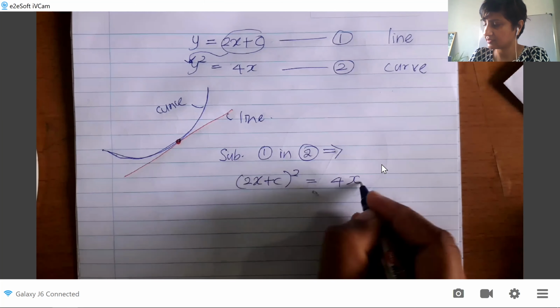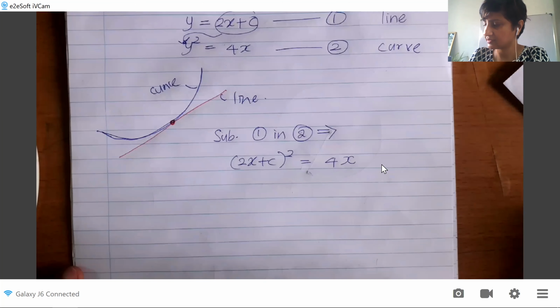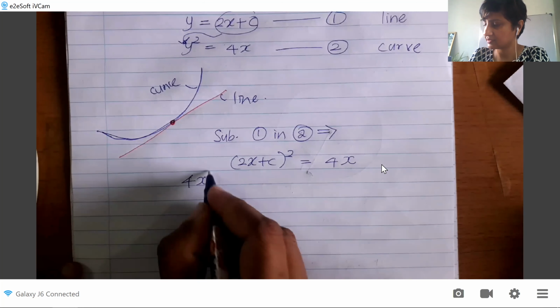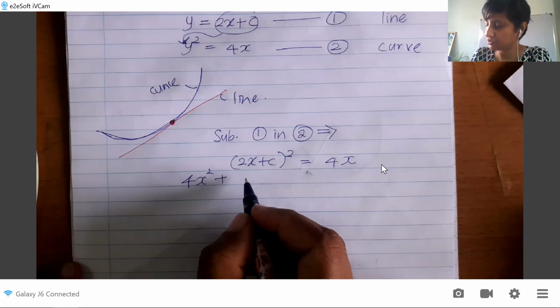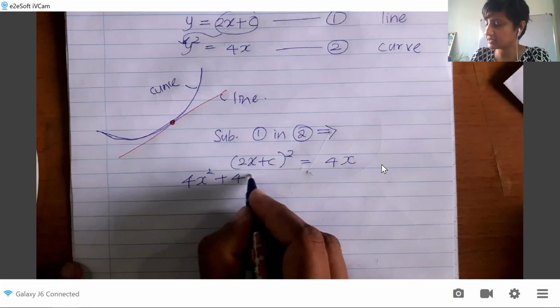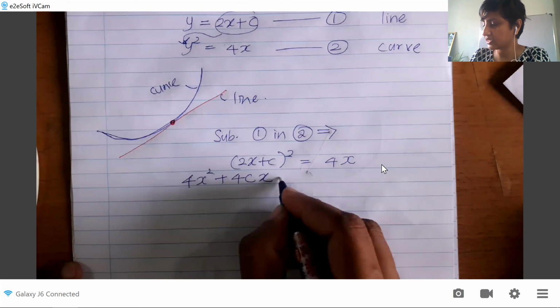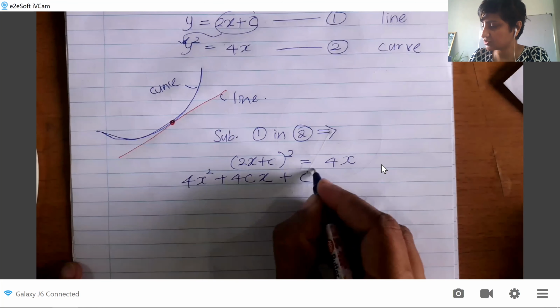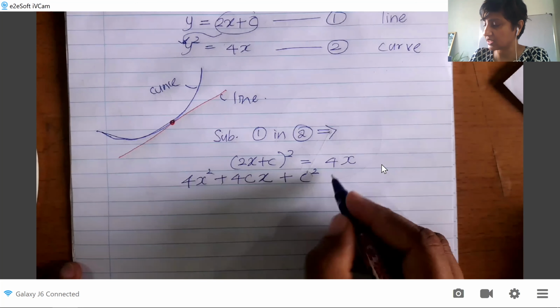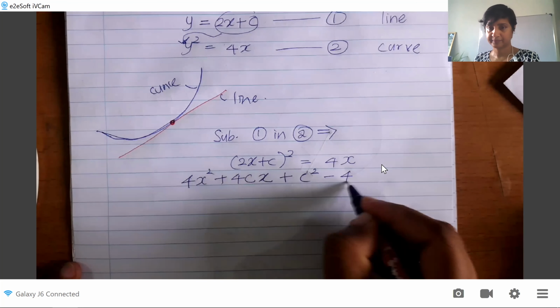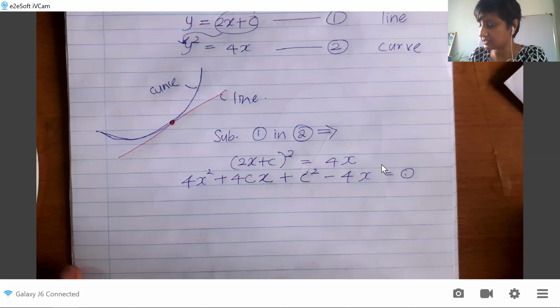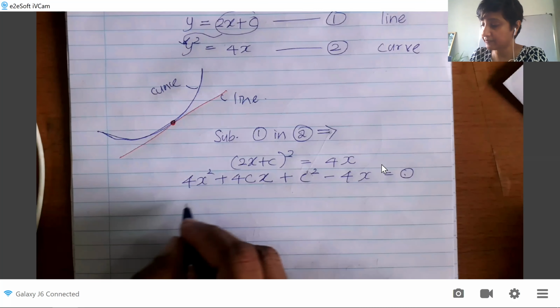Now that will give me my quadratic. 4x squared plus 2 times 4cx plus c squared. Let me bring this also to this side, is equal to 0. That's my quadratic. Let me arrange it in the nice ax squared plus bx plus c way.